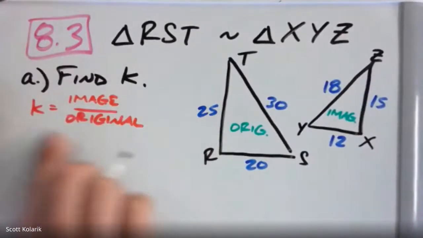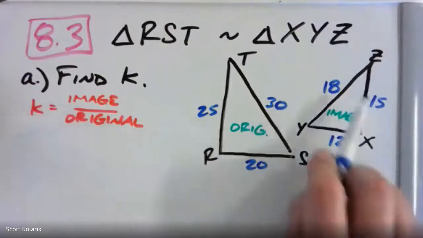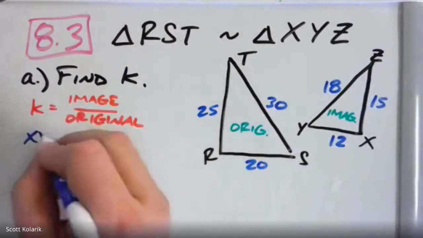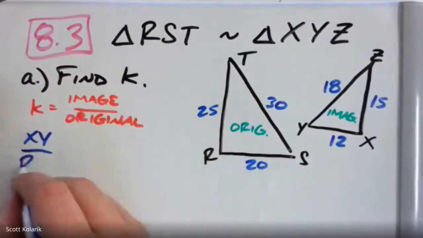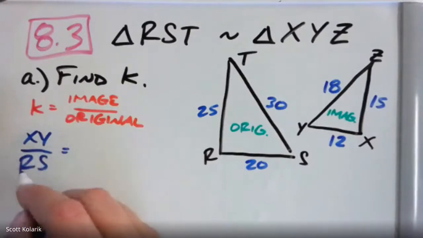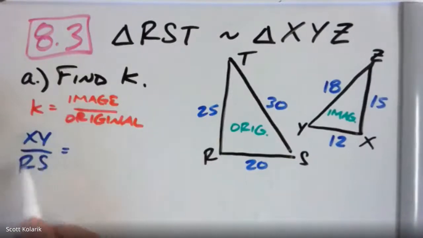Again, I have to be careful about which one's the image and which one's the original. Image is actually this triangle. So XY would be my short side there. And then the corresponding piece here would be RS. This is going to represent K, all right? K, my image length over its original length.